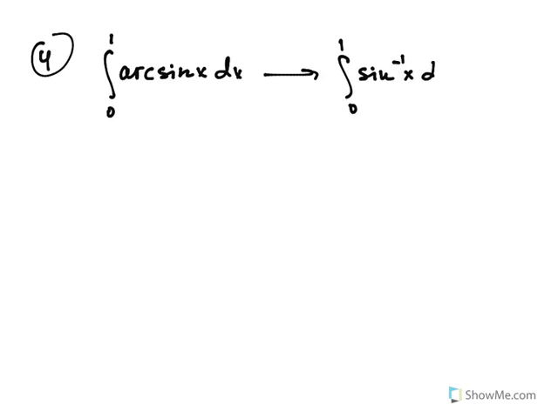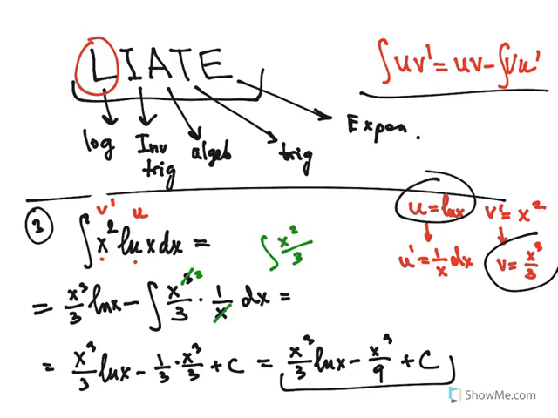We're good. Number 4. It says evaluate the following integral. The boundaries are given. Arc sine x dx, which is the same as sine inverse of x dx. Okay, so we don't really know what the integral of sine inverse is, so we need to apply integration by parts. Remember, which one is u?